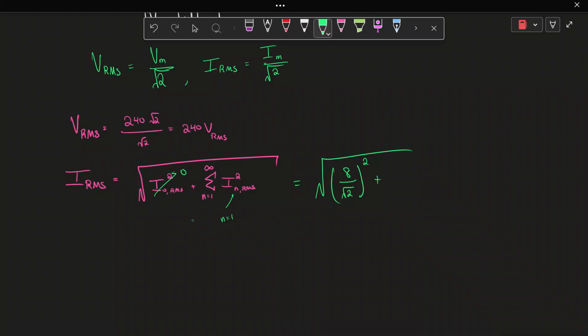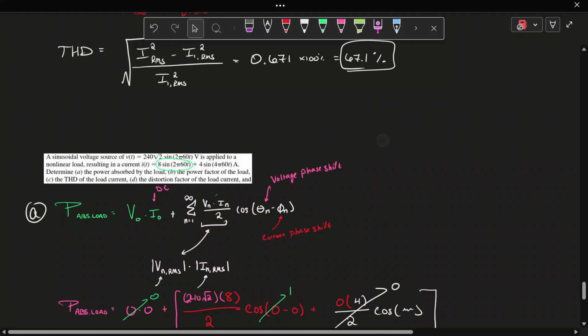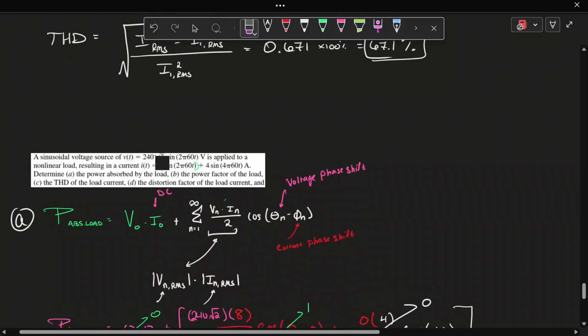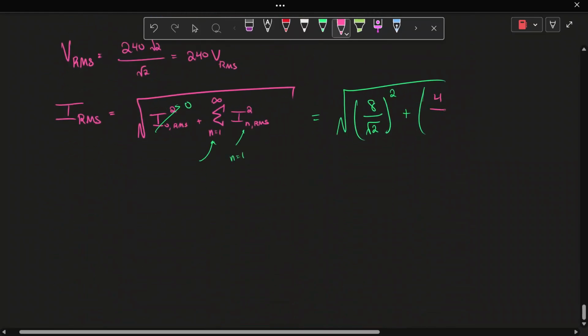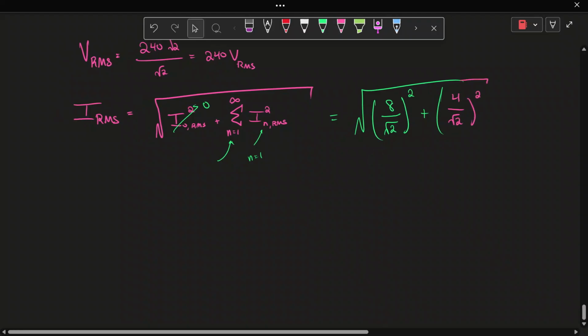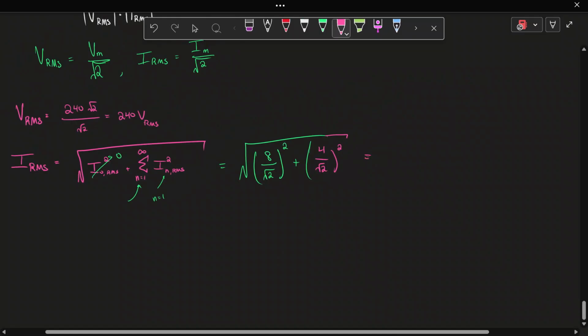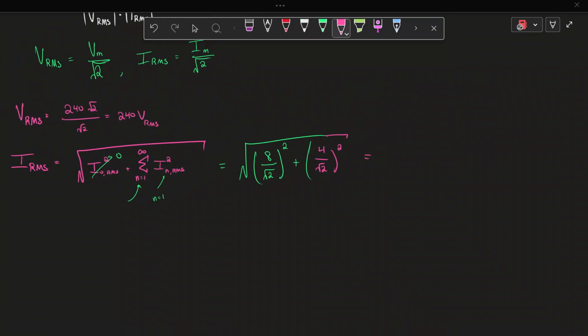Then we add, because we're doing a summation, to the second harmonic. What's the second harmonic amplitude? Well, that's going to be 4. We're looking at the second harmonic. So this is 4 over square root of 2 squared. And now we take that value, and I get about 6.325.